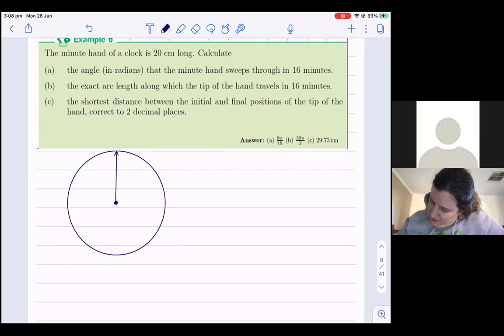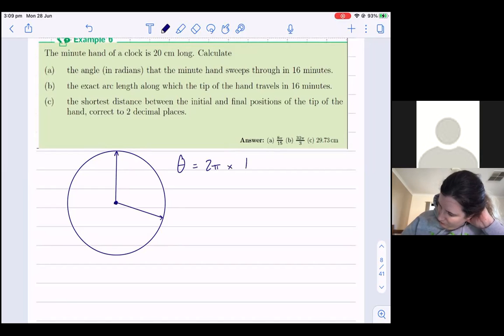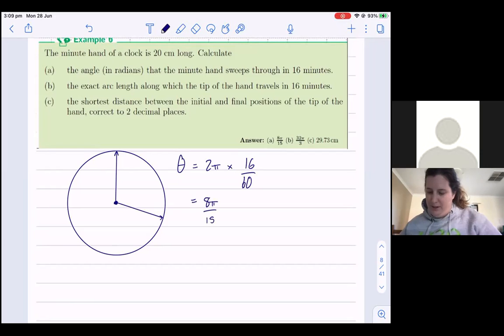It's going from there to there. There's 60 minutes all the way around, and it's going 16 minutes of it. So we've got 2 pi all the way around, but we've only got 16/60ths of that, which means we've got 8 pi on 15.